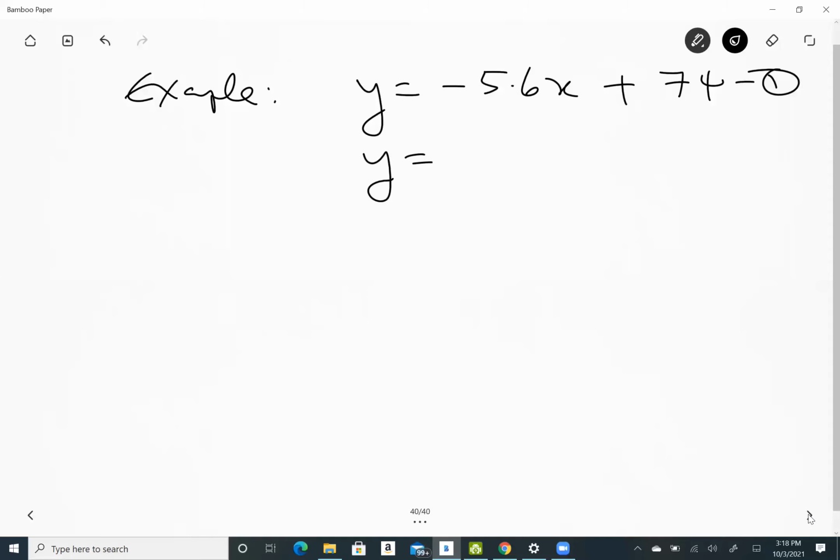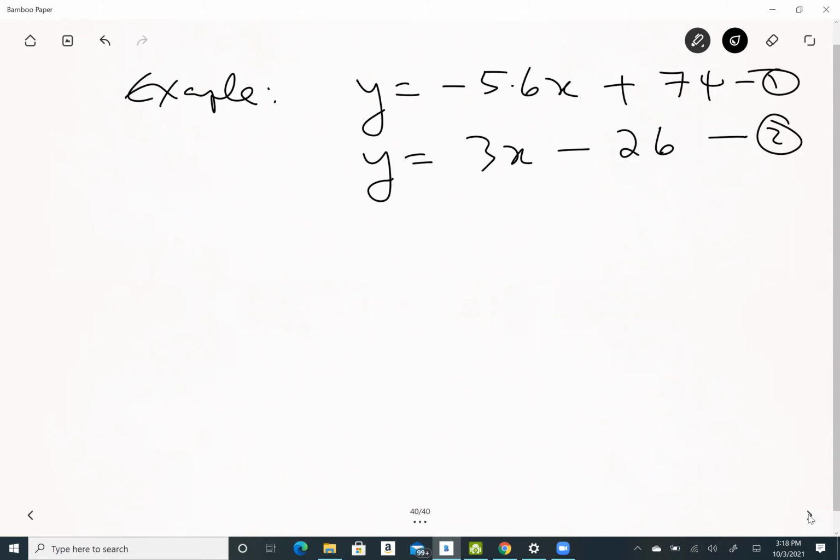So example, let's say y equal to negative 5.6x plus 74, call it number 1. And then number 2, I got y equal to 3x minus 26. So you have these two, and then you look at the slope. They are not equal. So there will be one solution, right?